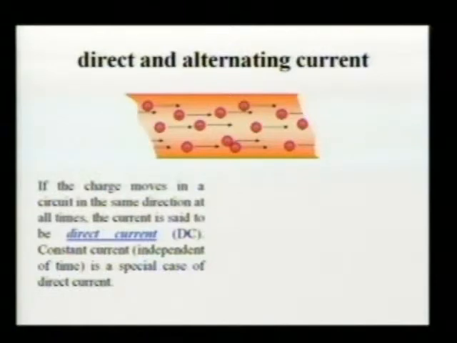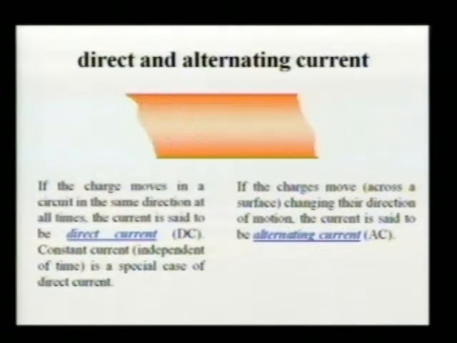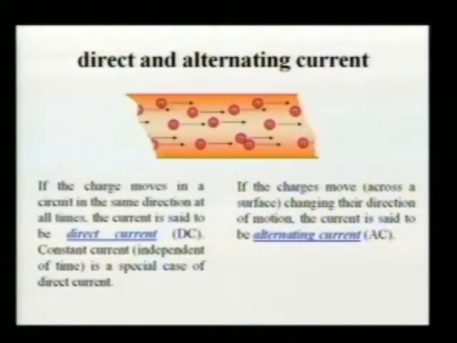Alternating current, which Tesla introduced, and all our households now receive this type of current, means that the charged particles move in both directions, and we refer to this by the acronym AC.